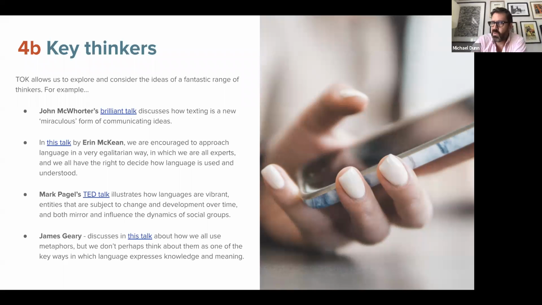She gives a great talk here about how, and this links back to power, we are all experts on language. I think she defines language as an agreement between a group of people on how they will communicate, which is a lovely way of thinking about the way we communicate.